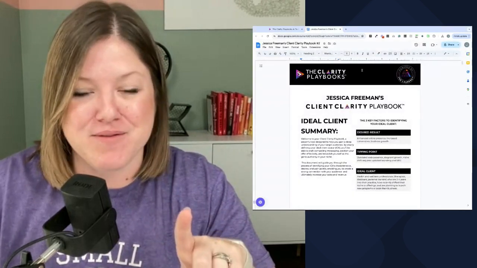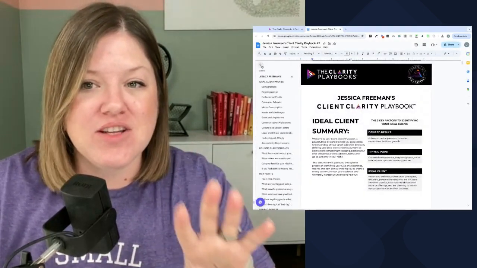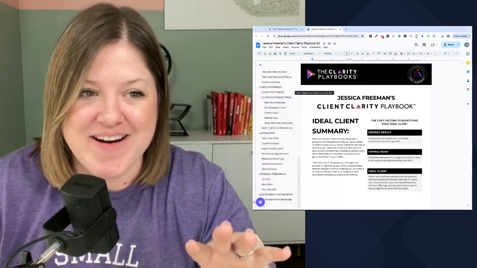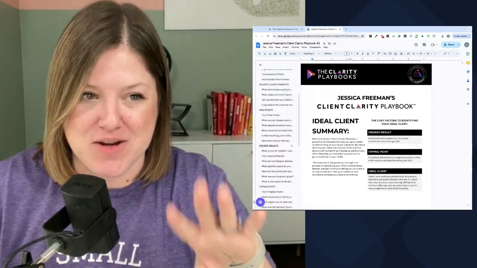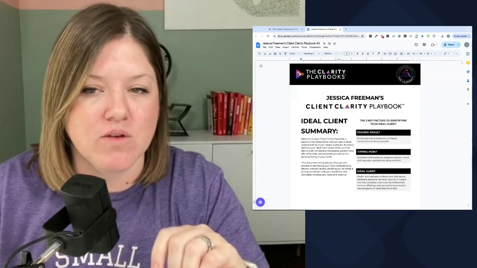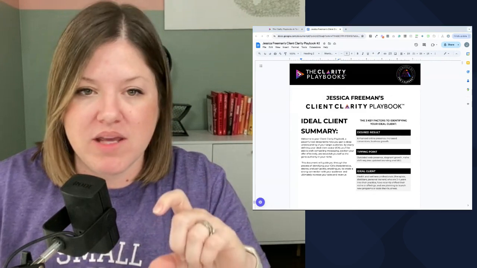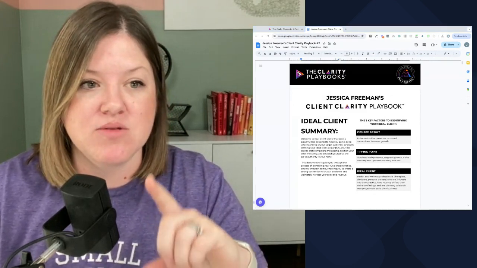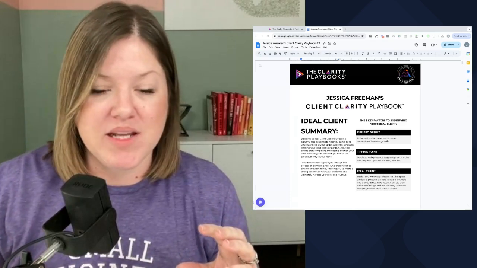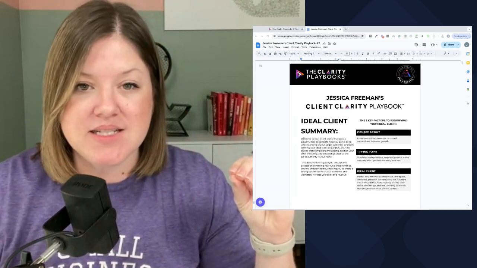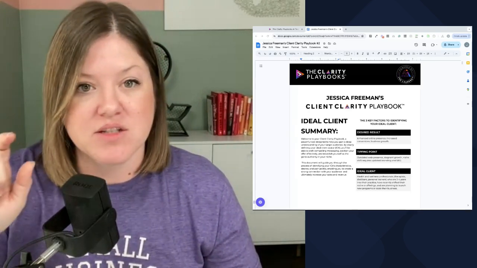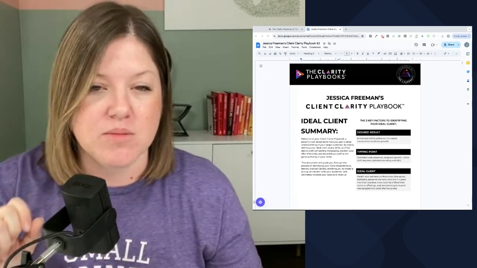I'm going to show you my playbook so you can see how much information it gives you. So first, just to look at this sidebar over here, look how many subheadings and headings there are in this document. There's a lot in here. And for some, it might be overwhelming. So when you get your playbook, my recommendation would be to set aside some time, maybe have a few other Google Docs open where you can grab snippets and put that aside for, oh, this is really good information for a new service idea, a new digital product.